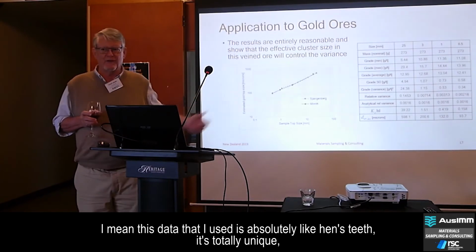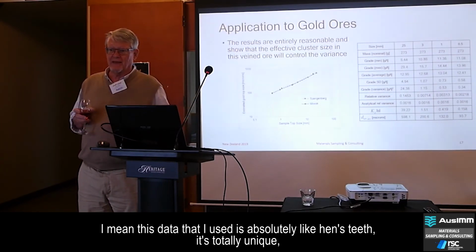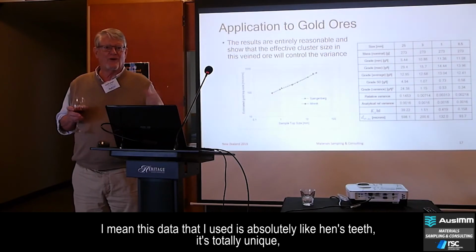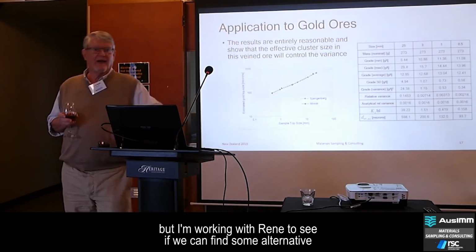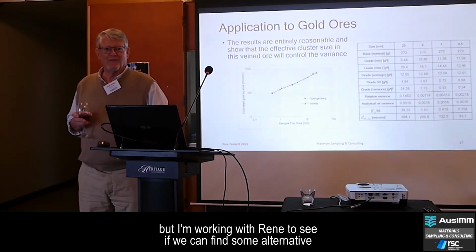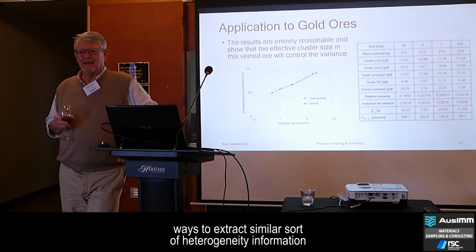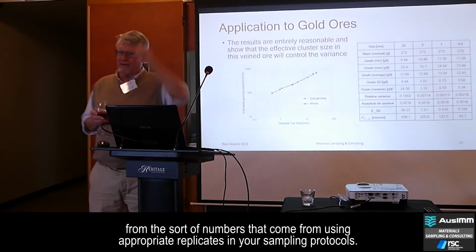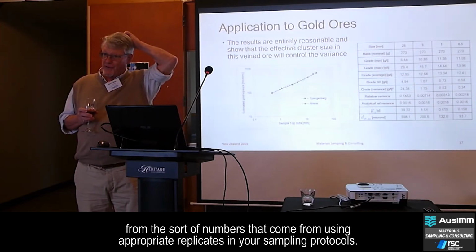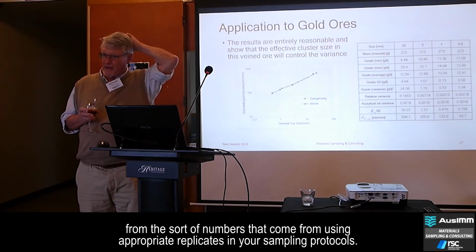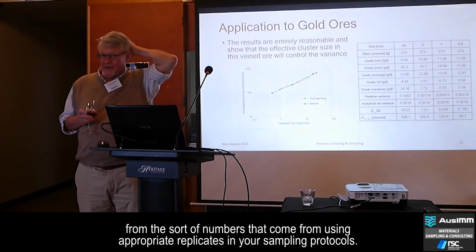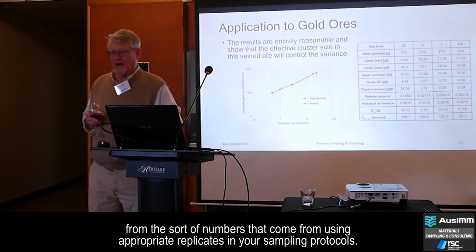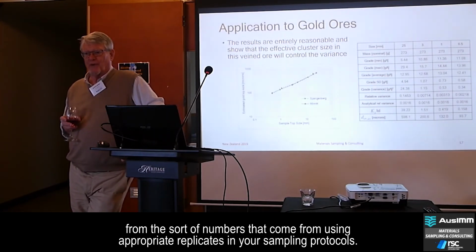This data that I used is absolutely like hen's teeth. It's totally unique. But I'm working with Rene to see if we can find some alternative ways to extract similar sort of heterogeneity information from the sort of numbers that come from using appropriate replicates in your sampling protocols.